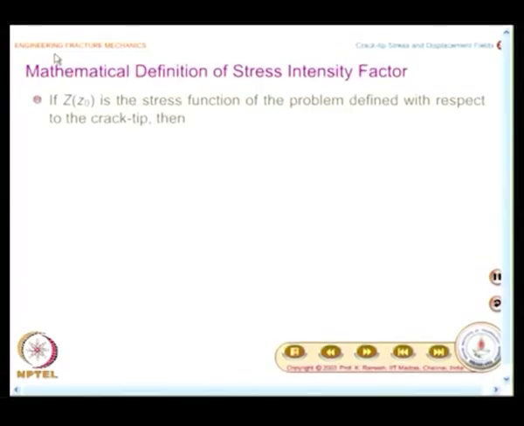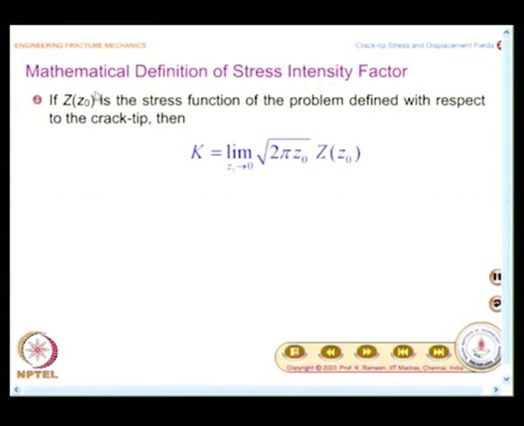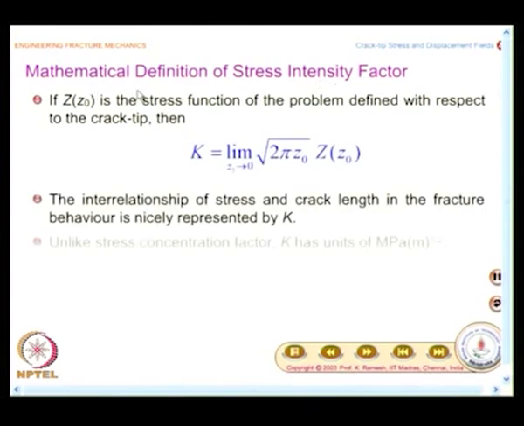So, once a stress function is given, how to find the expression for stress intensity factor, and what is the basic definition of stress intensity factor. With these two purposes in mind, we will look at how stress intensity factor is defined mathematically.